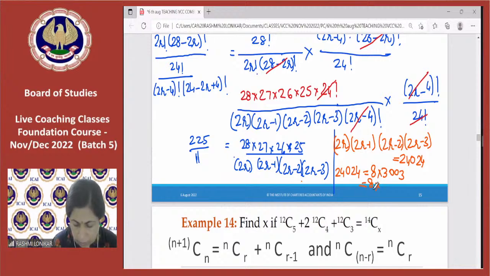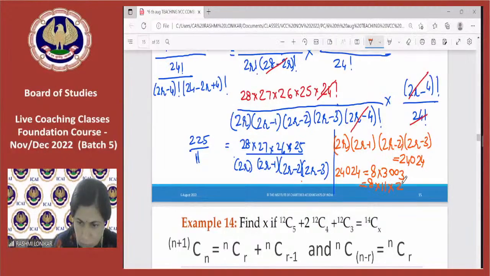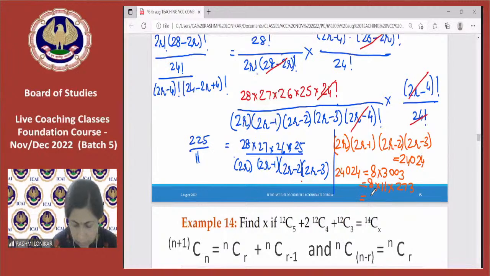So this divided by 11, I'm getting as into 11 into 273, which I'm getting as 273 divided by 13 divided by 12. 273 divided by 13, I'm getting as 21. So 8 into 11 into 21 into 13.